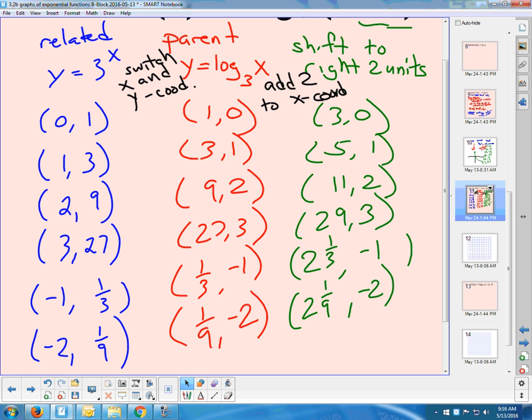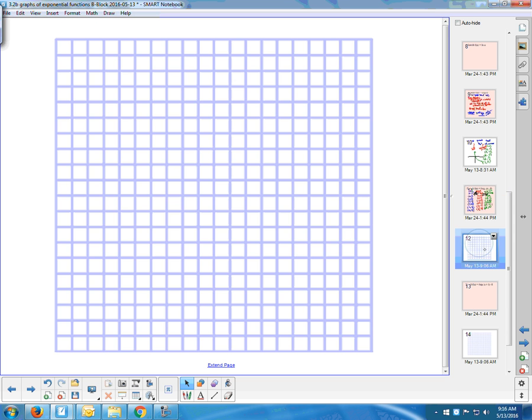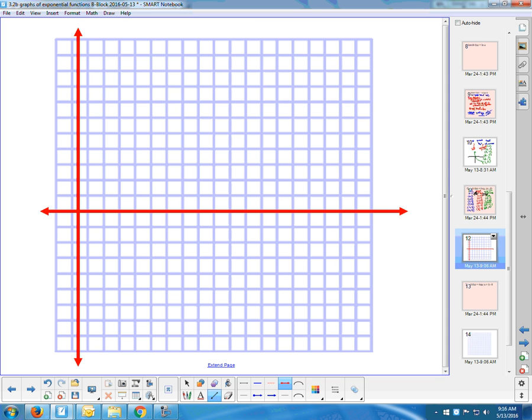So I'm going to switch slides here, and I'm going to need to use those points, and I might flip back and forth, but I need to have a graph here. Knowing what I know about the graphs of untransformed logarithms, I really am only going to need quadrants 1 and 4. And I'll go something like this. And typically with logarithmic functions, the x-coordinates grow fairly quickly.